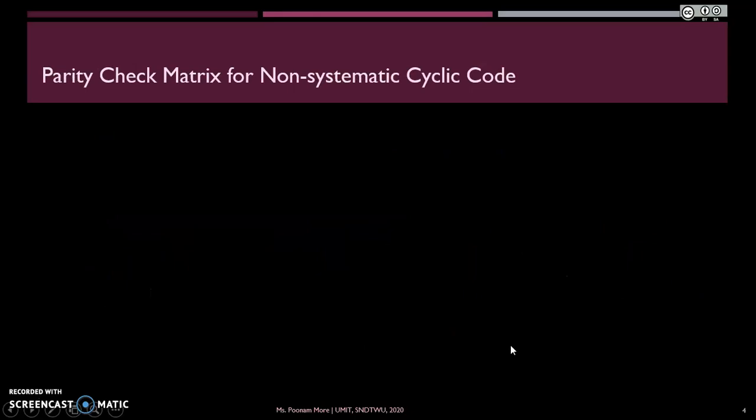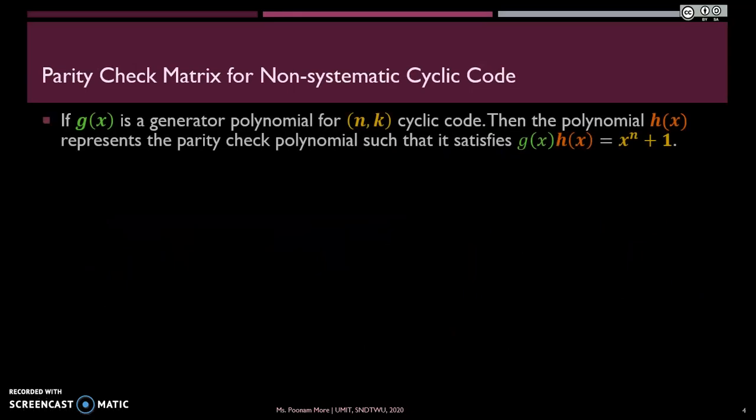Now we will see how to get a parity check matrix for the non-systematic cyclic code. So here, if the generator polynomial for the (n, k) cyclic code is given, then the polynomial h of x represents the parity check polynomial such that it satisfies this relation.